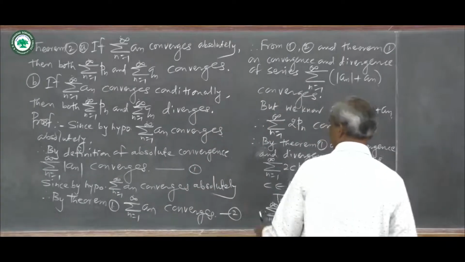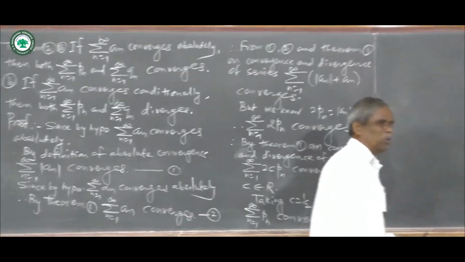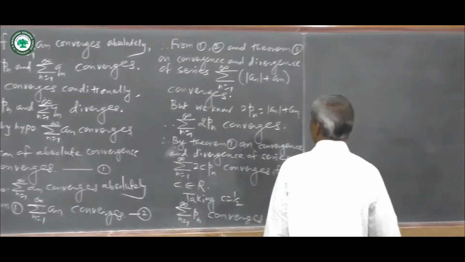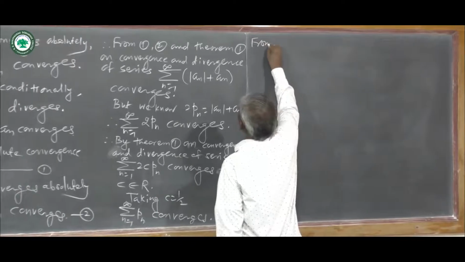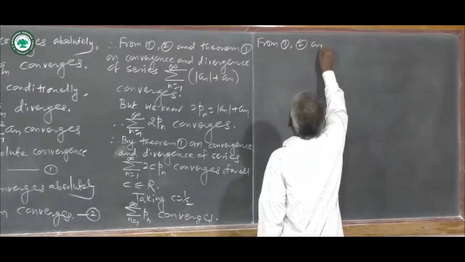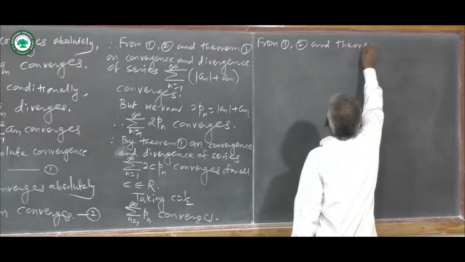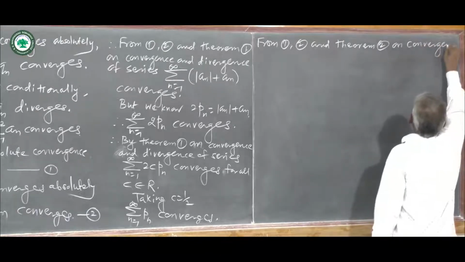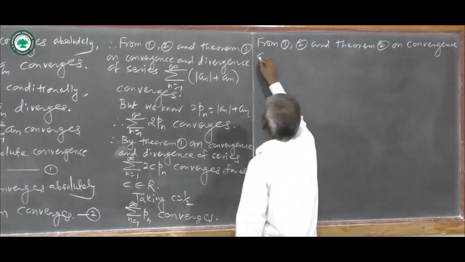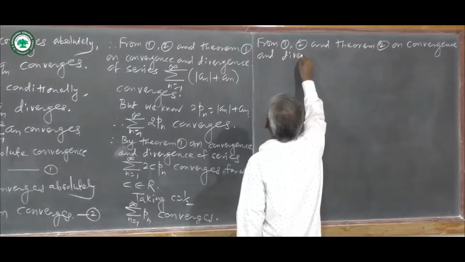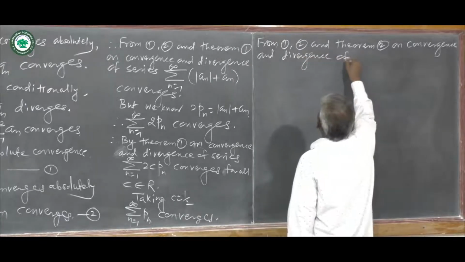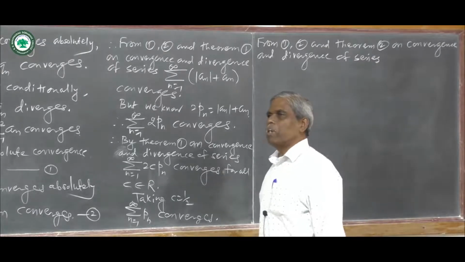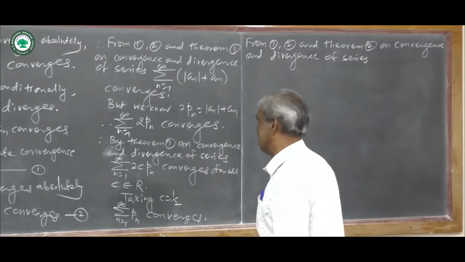From 1 and theorem 2 on convergence and divergence of series: if sigma an converges and sigma bn converges, then sigma an minus bn converges.